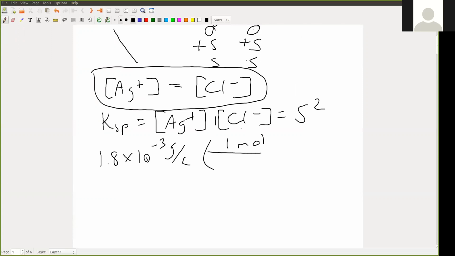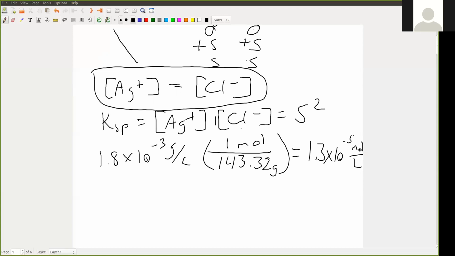So for every 1 mole, we have 143.32 grams, which would give us 1.3 times 10 to the minus 5 moles per liter. And that's our molar solubility.